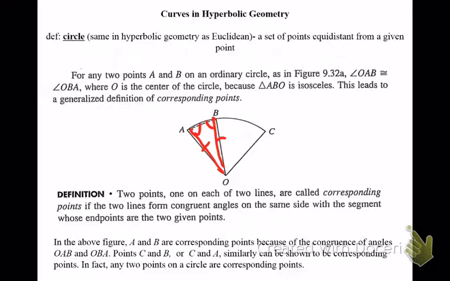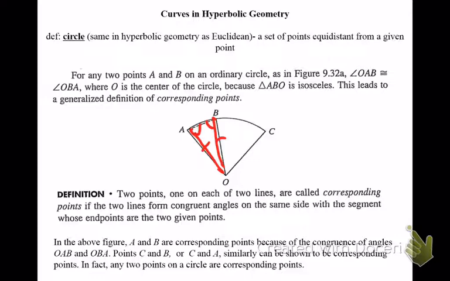This leads to a generalized definition of corresponding points. Two points, one on each of two lines, are called corresponding points if the two points form congruent angles on the same side with the segment whose endpoints are the two given points. In the above figure, A and B are corresponding points because of the congruence of the angles AOB and OBA.